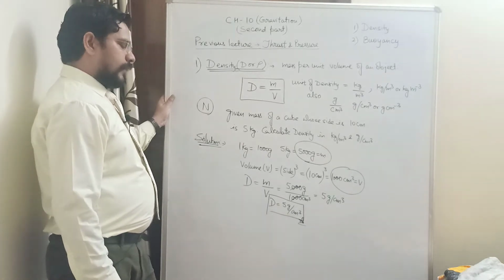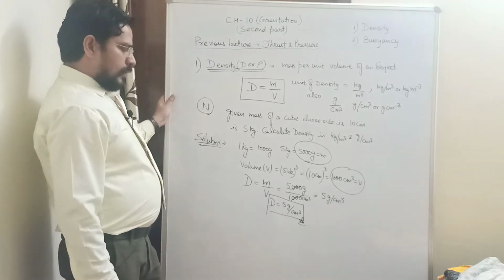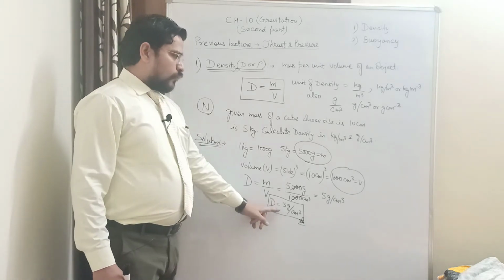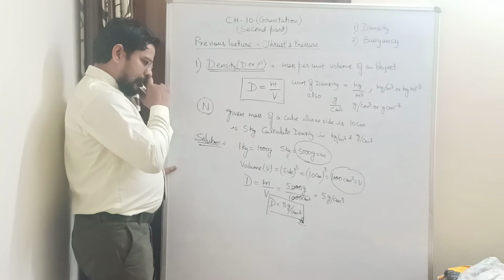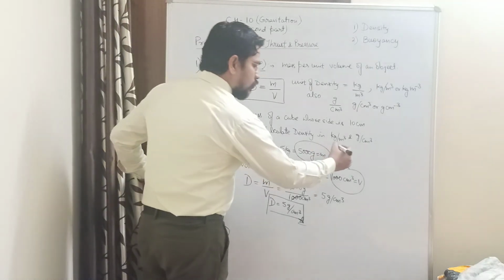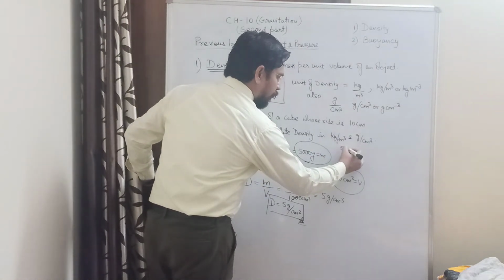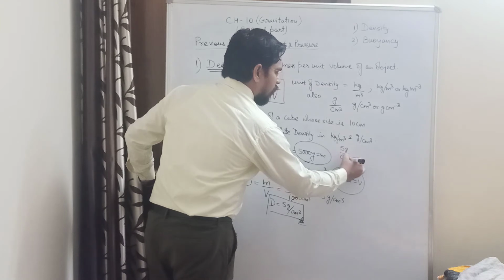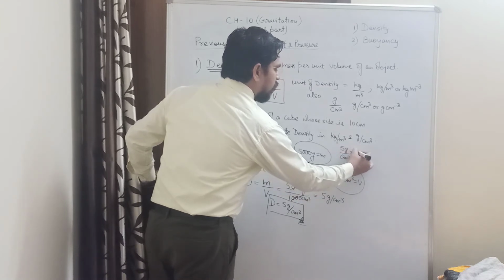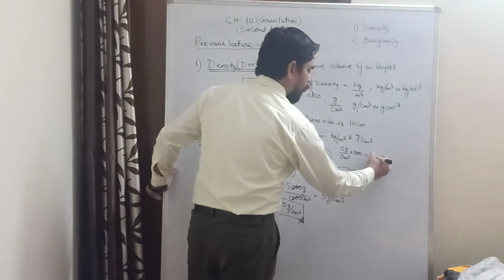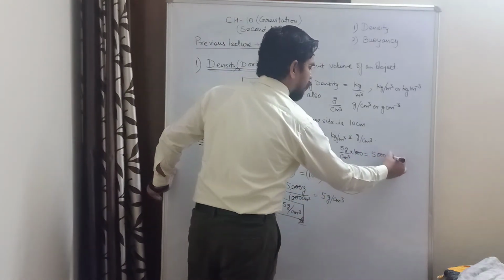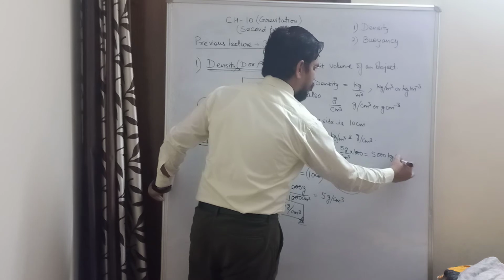Well, that is very simple. If you want to convert your density from gram per centimeter cube to kilogram per meter cube, you simply multiply it by 1000. So if I multiply my density 5 gram per centimeter cube by 1000, then I will get 5000 kilogram per meter cube.